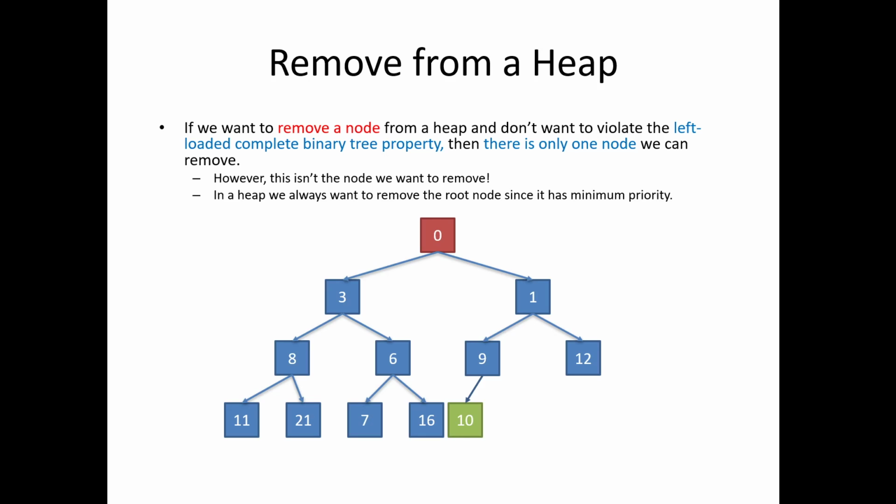Unfortunately, the big problem is when we want to remove from a heap, recall that we only ever want to remove the one with the highest, or in the case of a minimum heap, the lowest priority. So the node we actually want to remove is the root node, the 0, and it's always the root node that we want to remove. Keep in mind that removing the root node is probably the worst node that we could remove.